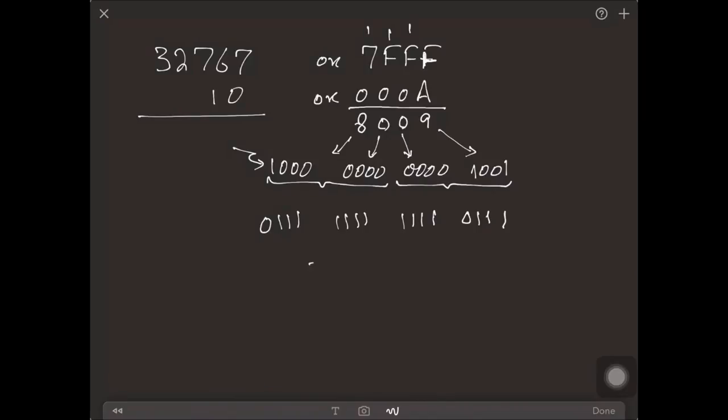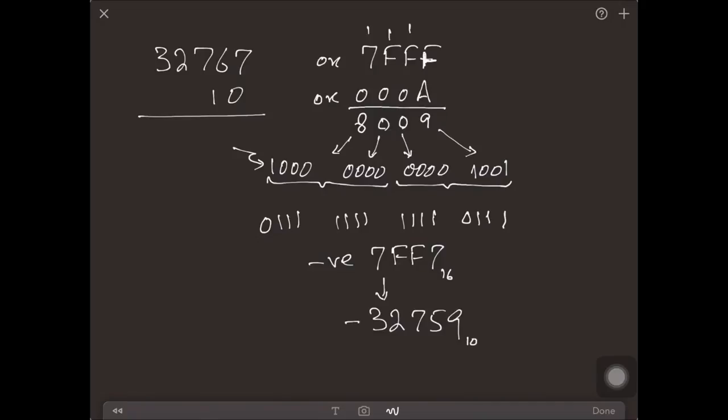So this is a negative 7FF7 base 16. And if I convert this to decimal, this is minus 32759 base 10.